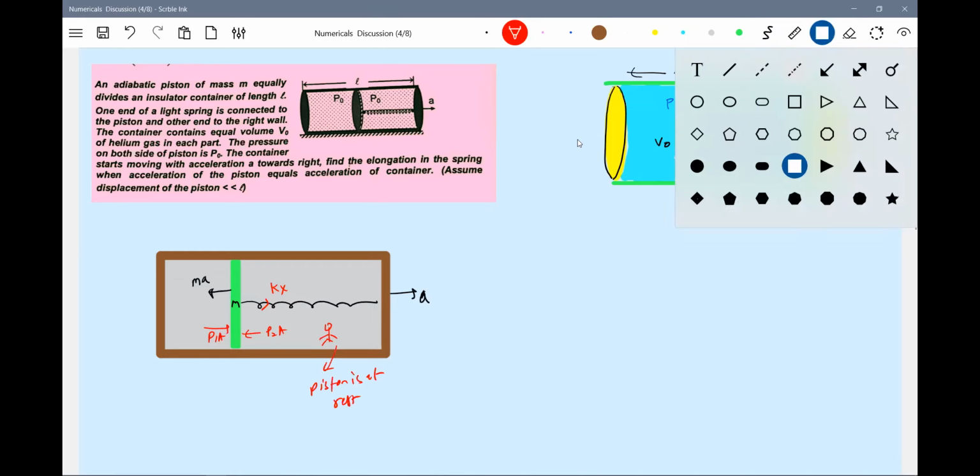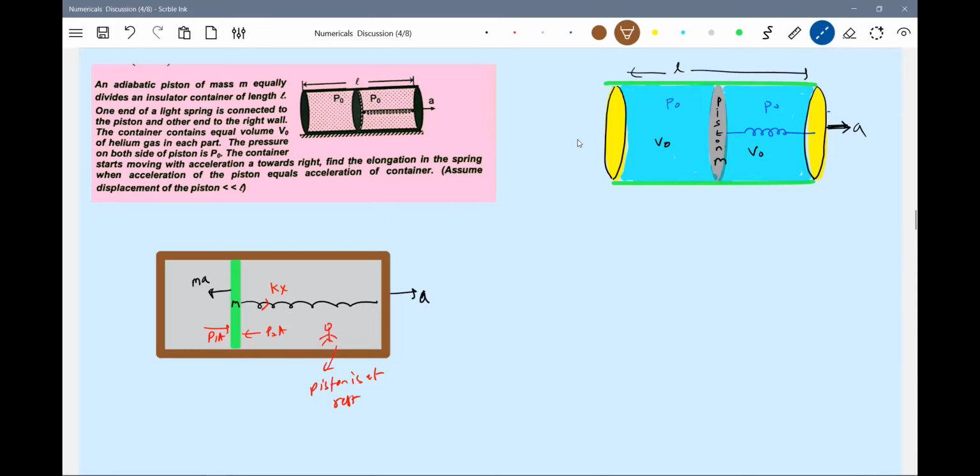No, the piston is moving. A person on the ground, what will be his comment? The piston moves along with the container. You will say there is no relative motion between piston and the container.